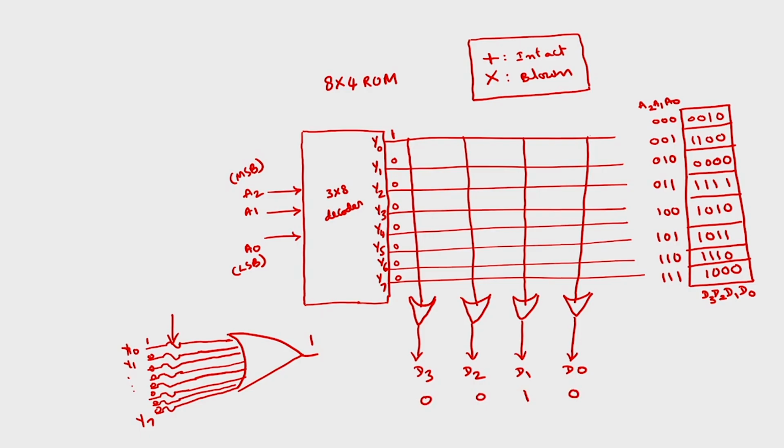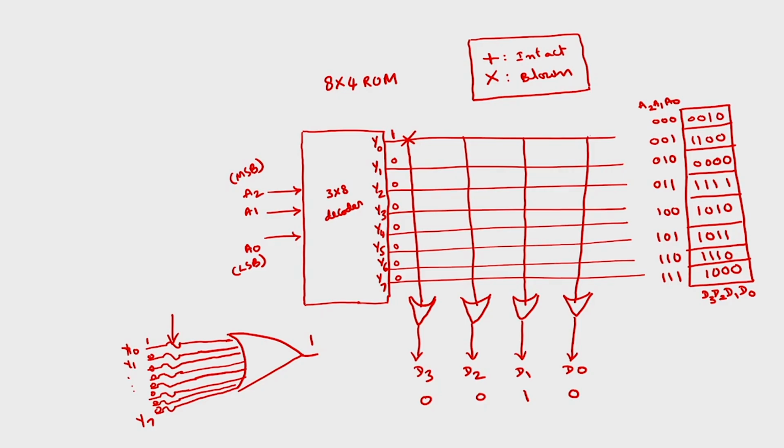because I want to store 0 0 1 0 in the first location whose address A2 A1 A0 is 0 0 0. For that, all the connections of D1 have to be intact, whereas for the D3 OR gate, we have to break this connection. If I don't break this connection, the output will be 1, but I want 0.